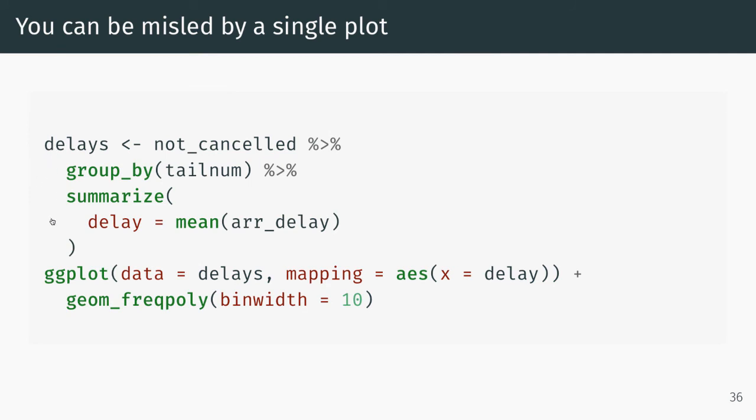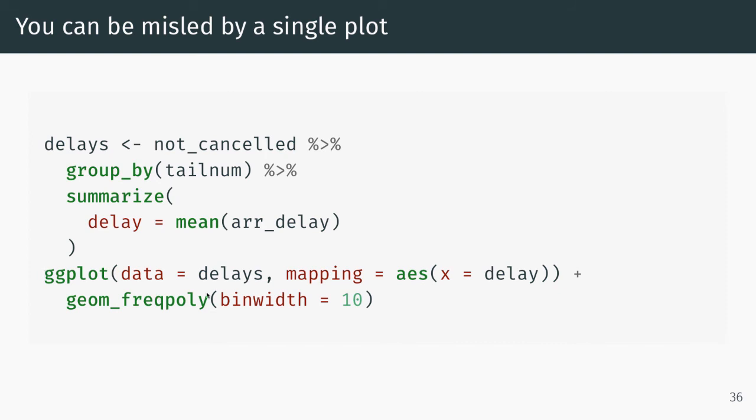I think that's the same. Oh no, this is grouping them by tail number. Each plane is identified by its tail number, and there are 3,322 planes represented in the data set.